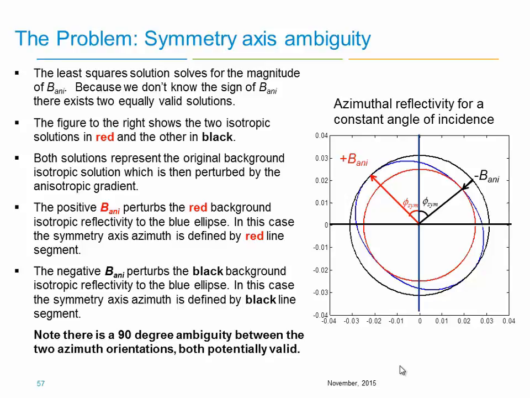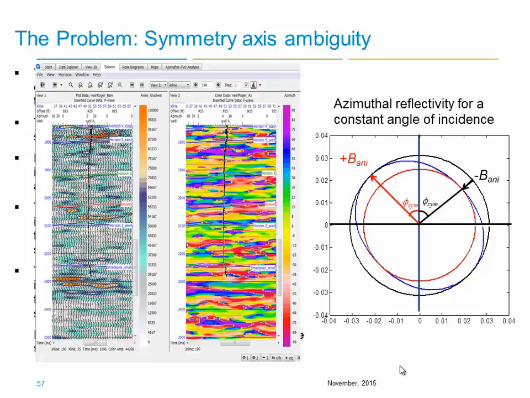When we estimate B ani, all we're getting is magnitude information. We don't know its sign. This is in particular with the near offset approximation. So when we look at this anisotropic gradient and the associated azimuth, when we output the anisotropic gradient, we're always assuming it's positive.